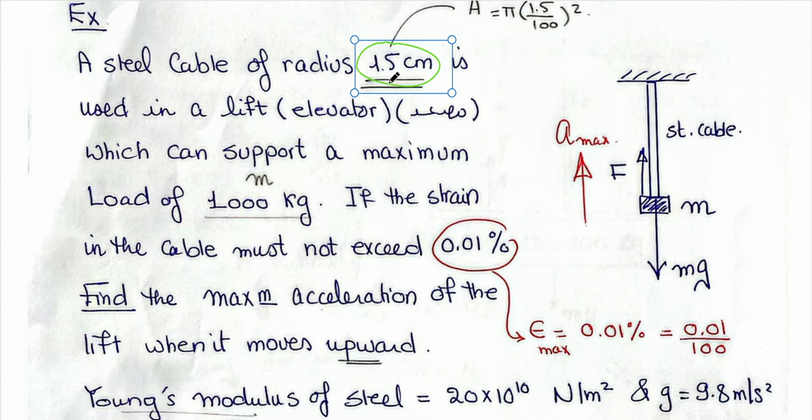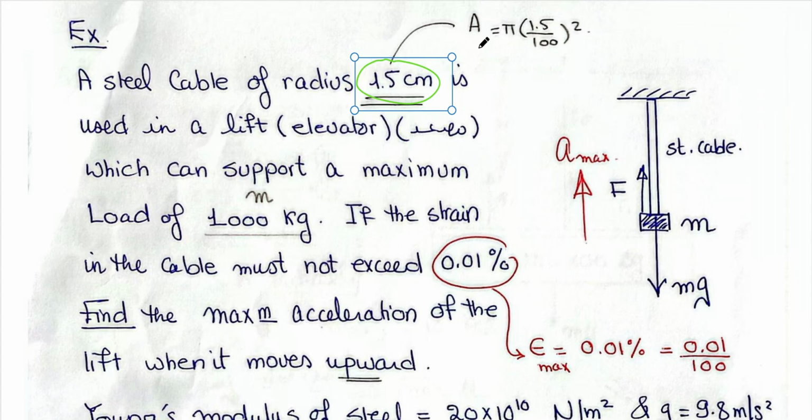If the radius of the cable is 1.5 centimeters, the cross-section area of the cable is a circle, so the area is pi r squared. But take care, we are using SI units, so the centimeter is divided by 100 to be in meters, so as to have the area in meters squared.